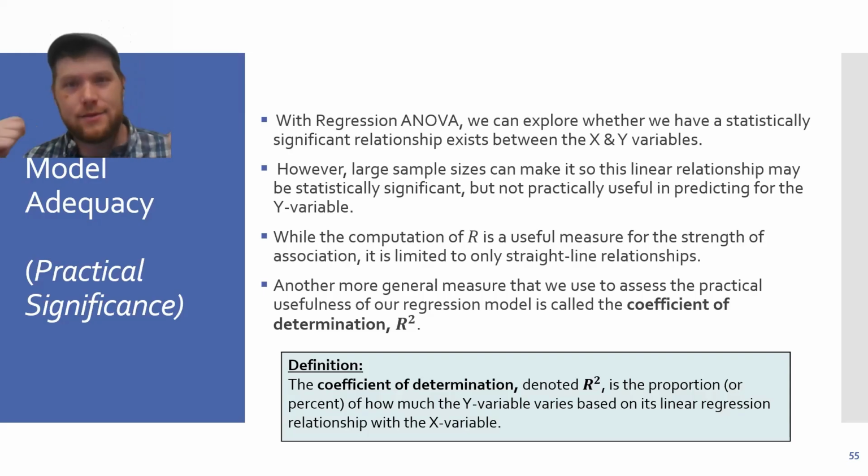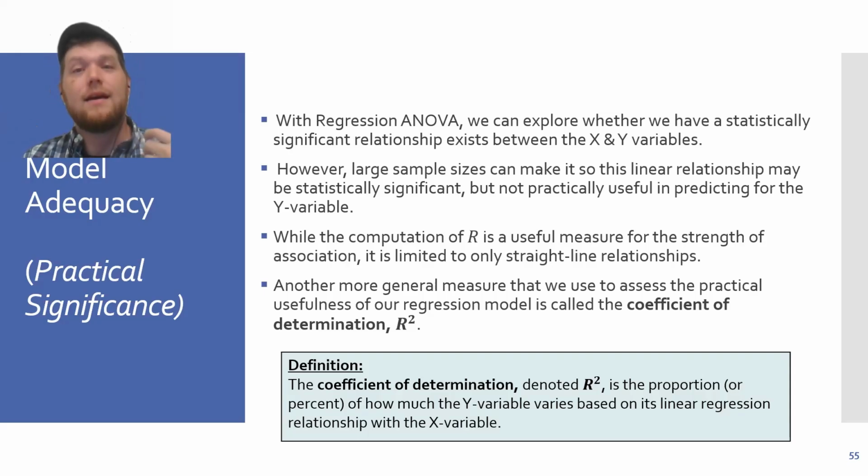Because what statistical significance really means is that the correlation is something other than zero. But it could be 0.02, which is a whole lot of garbage.